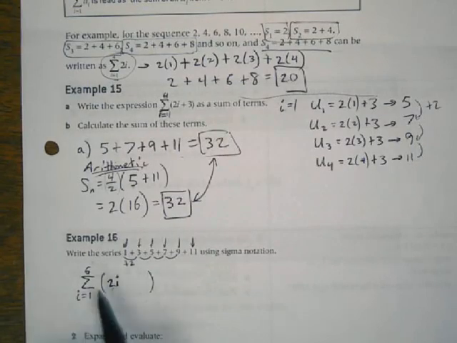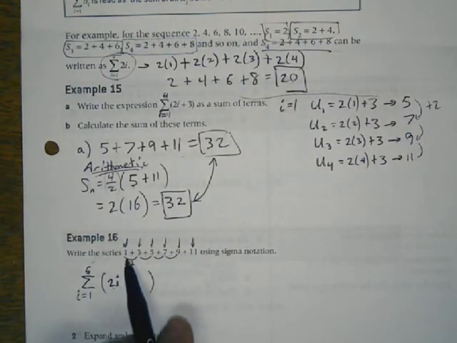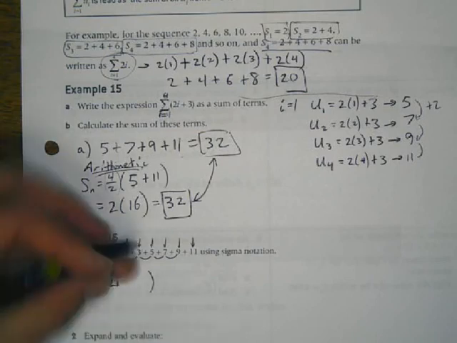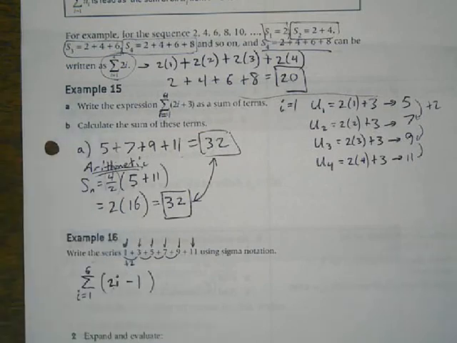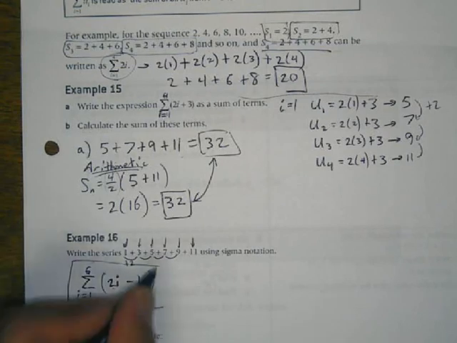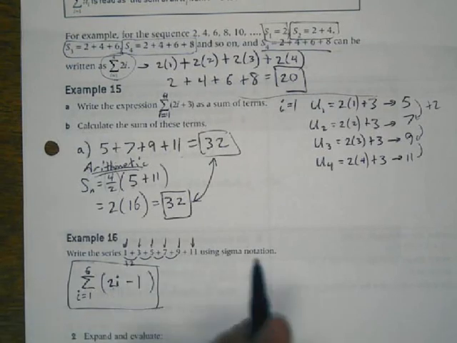But notice we're starting with 1. So if I plugged in 1 in here, I'd have 2 times 1, which is 2. But this is 1 lower, so we have to do minus 1. Okay, and here is our series using sigma notation.